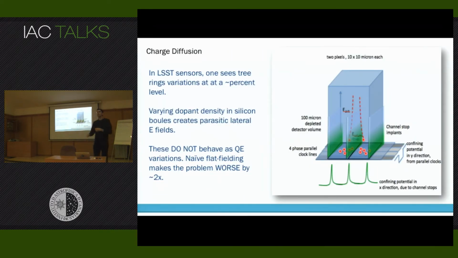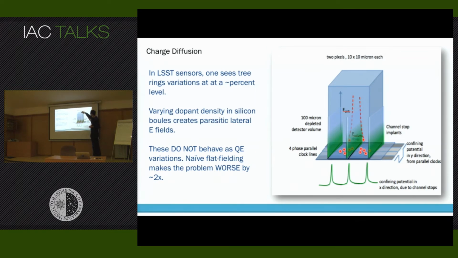Any kind of impurity or density variation that you get in that silicon turns into, when you add electrodes to the silicon, essentially parasitic electric fields that are parallel to the growth rate of the boule.